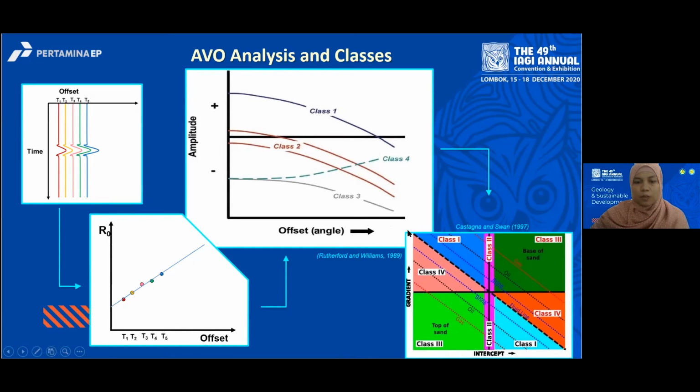And this is also one of the analysis methods in the AVO methodology. We also plot the intercept over the gradient of this event to determine where they fall within these four areas.